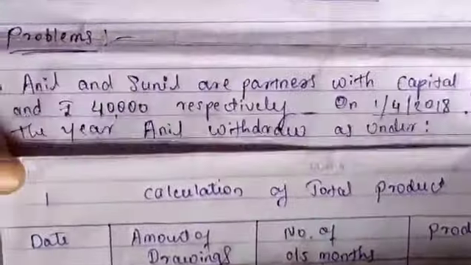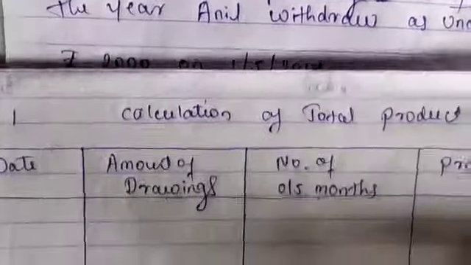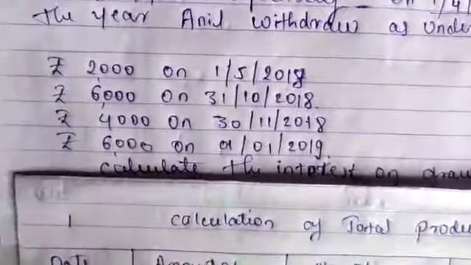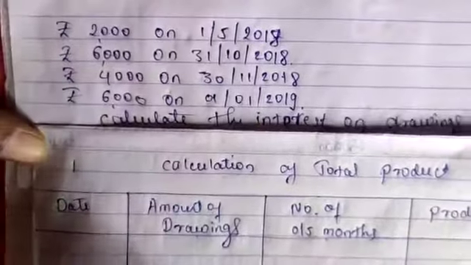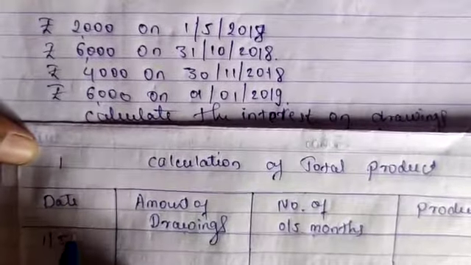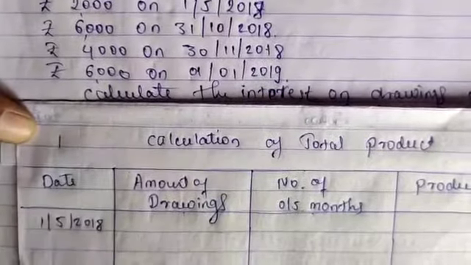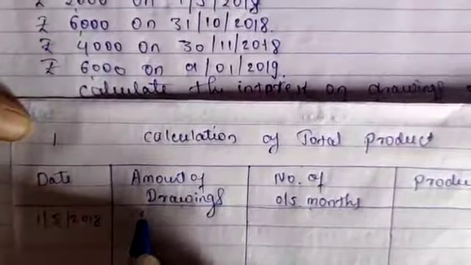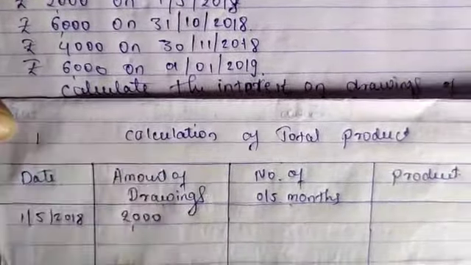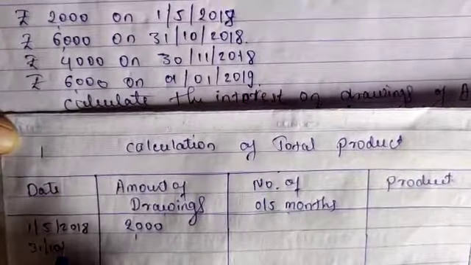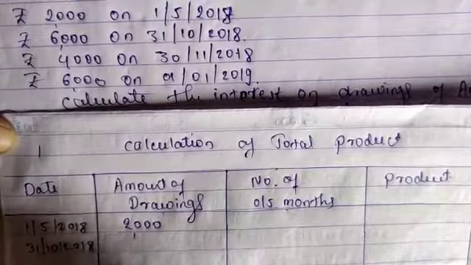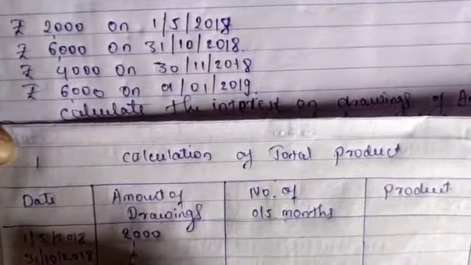In the question they given here. So on 1/5/2018, first date, Anil withdraw rupees 2000. Next on 31/10/2018, Anil withdraw again rupees 6000.